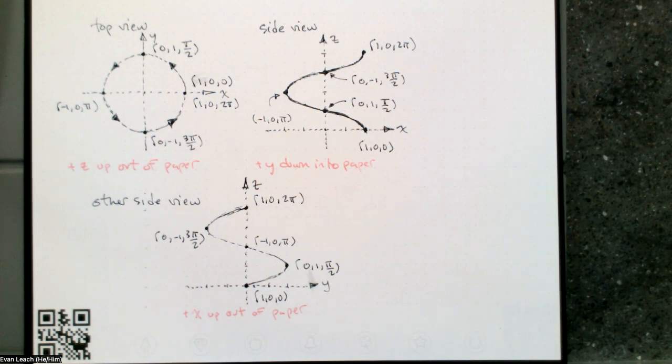Overall, what we're creating is this spiral that goes once around from a height of 0 to a height of 2 pi.